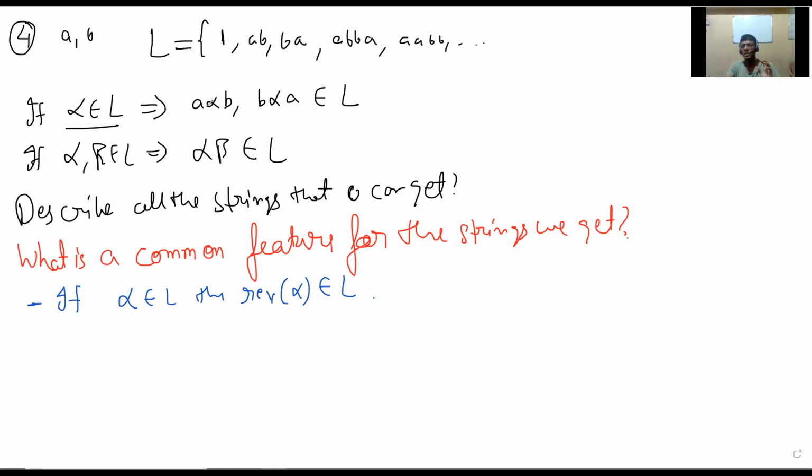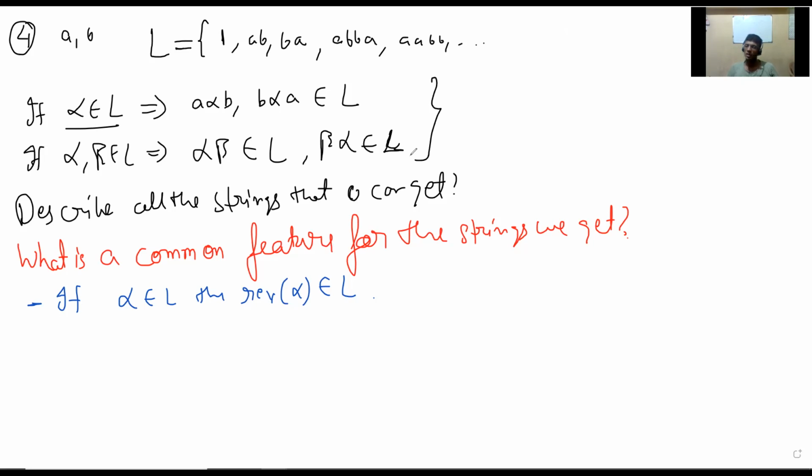If alpha is there, then if you're putting A and B, you're also putting B and A.